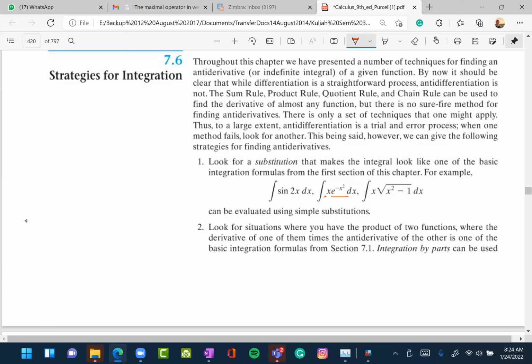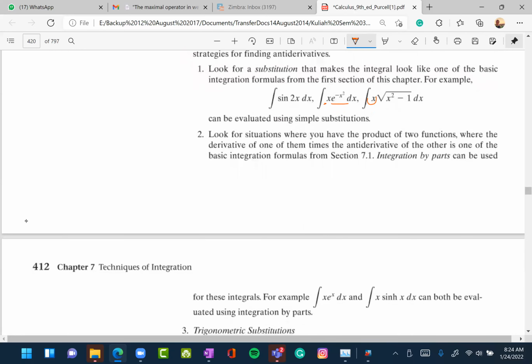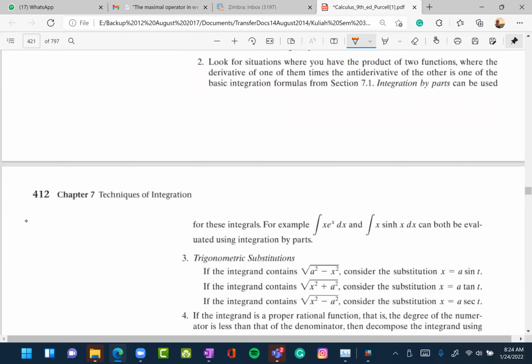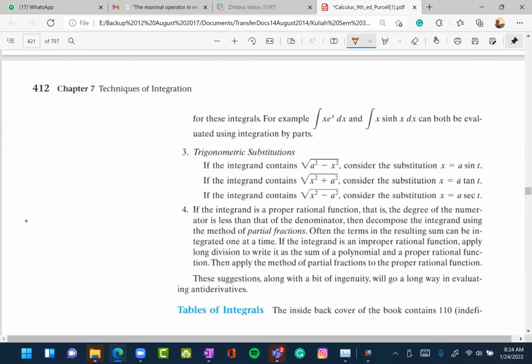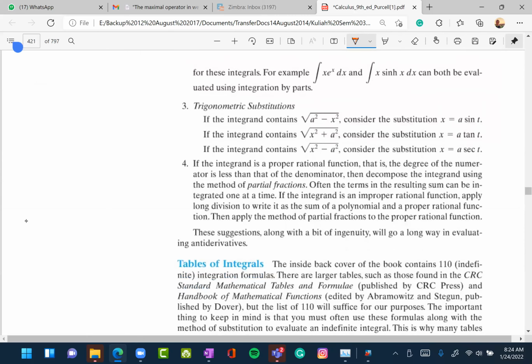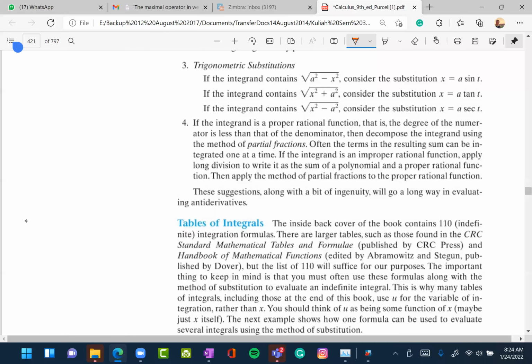Here you can choose x squared plus or minus 1 as u, because the derivative 2x is a multiple of this x. Right? If it is a product of a function and a differential, then use integration by parts. Trig substitutions, so this one. And rational functions, that's the partial fractions.